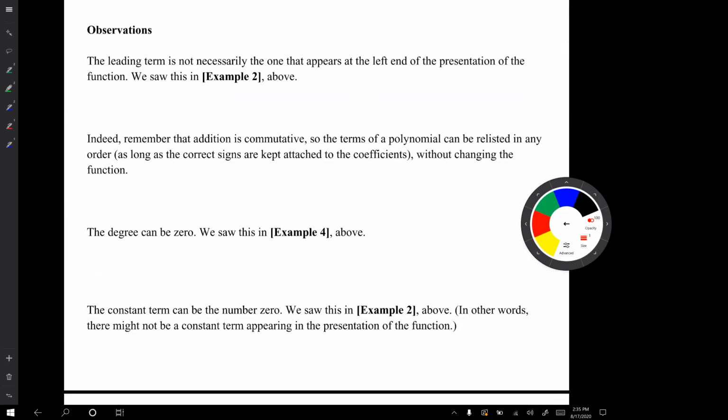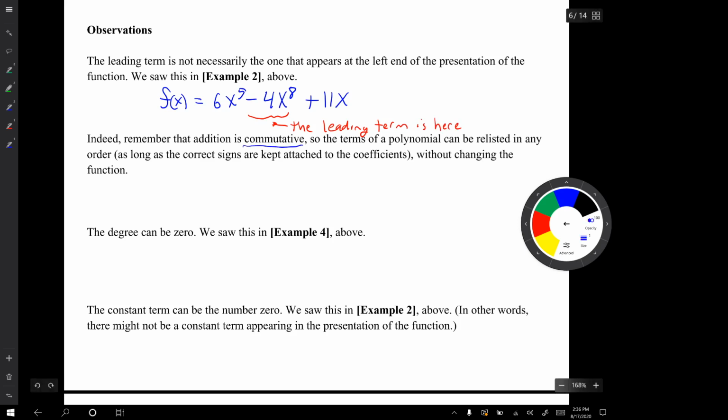A couple of observations. The leading term is not necessarily the one that appears in the left end of the presentation of the function. We saw this happen in example 2 above. Remember that addition is commutative, so the terms of a polynomial can be relisted in any order as long as the correct signs get attached to the coefficients without changing the function.